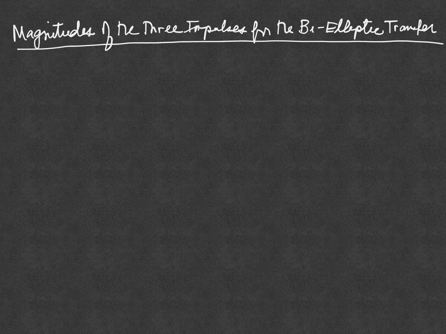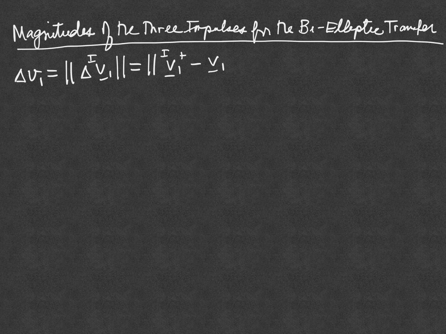The magnitude of the first impulse, delta V1, which is the magnitude of delta V1I, is equal to the magnitude of V1 plus I minus V1 minus I, which is equal to the absolute value of V1 plus minus V1 minus, where we note that the absolute value is on the difference of the speeds. Because it's a tangential impulse, we can do this, right? It's the same structure that we had for the Hohmann transfer.